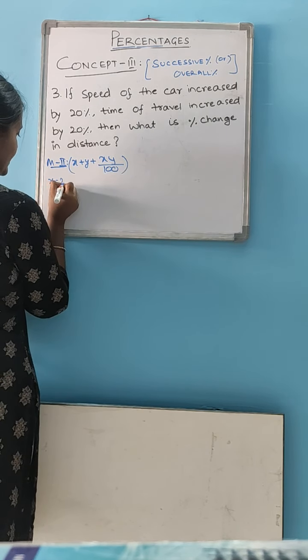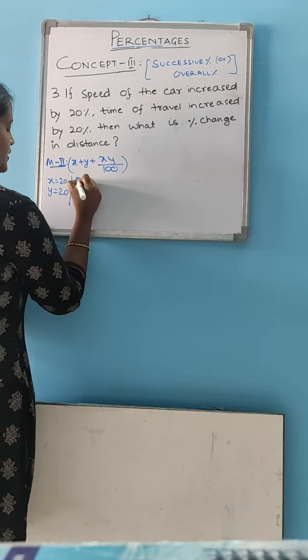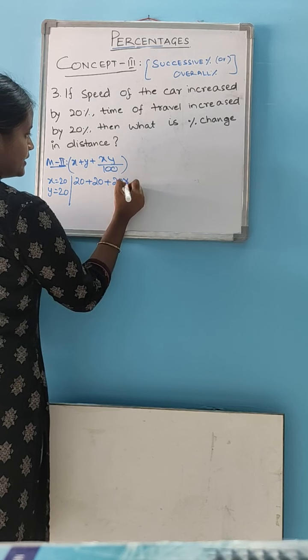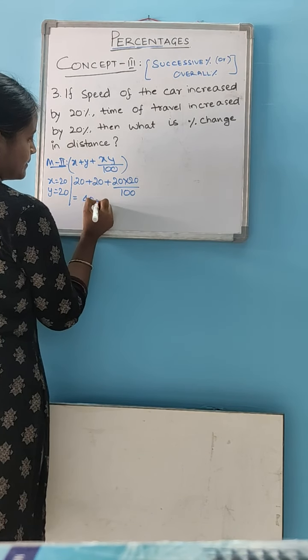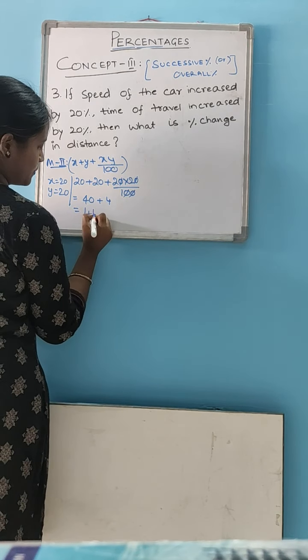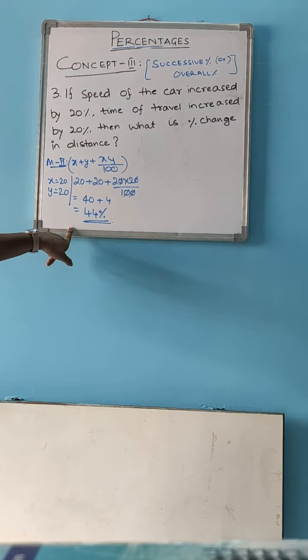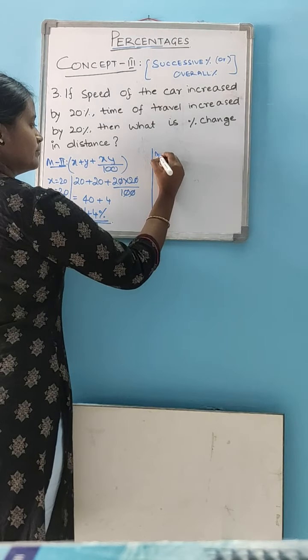Here x is 20 and y is 20. 20 plus 20 plus 20 into 20 by 100. That is 40 plus 4. 44% is the increase in the distance.